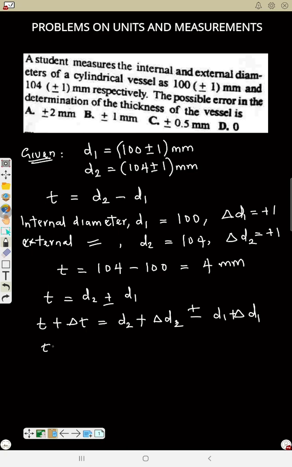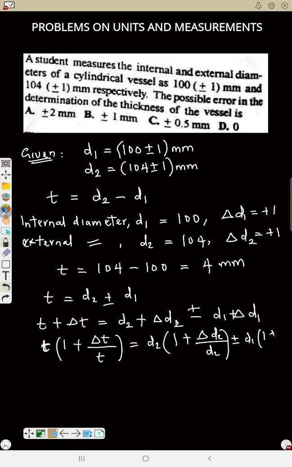And what we did then is we said T is common. So we can have T times 1 plus delta T over T equals D2 into 1 plus delta D2 over D2, plus or minus D1 into 1 plus or minus delta D1 over D1.